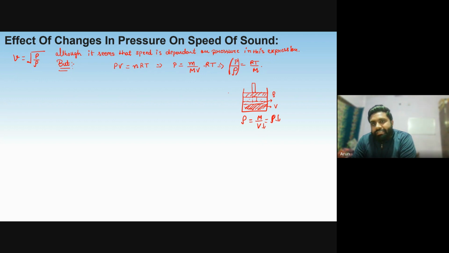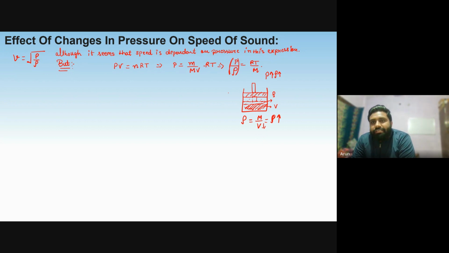Sorry, if the volume decreases here, the density will increase. Sorry for the misconception here. So density will increase. So if pressure is increasing, density is also increasing, which means P upon rho remains constant when the temperature is constant.